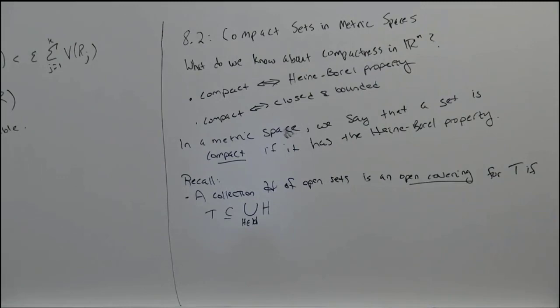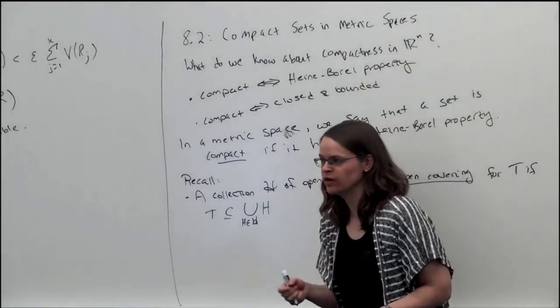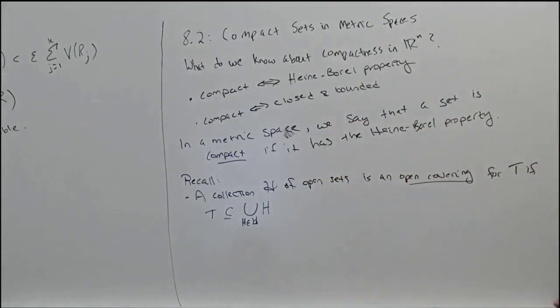Right, this could be a finite union. This could be an infinite collection of sets. It could be countably infinite. It could be uncountably infinite. Or I'm not specifying anything like that. I'm just saying I've got a bunch of open sets.